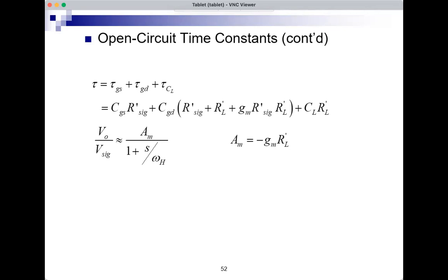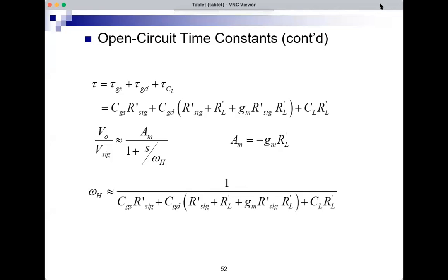So the estimate for the overall transfer function is Am over 1 plus s over omega h. And this is the expression that we derived for omega h.